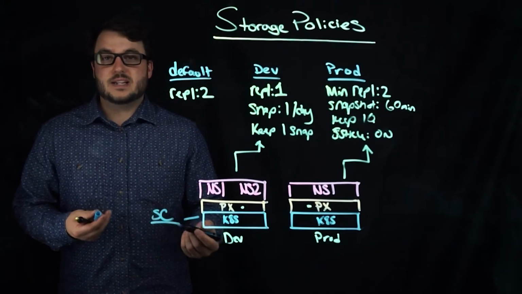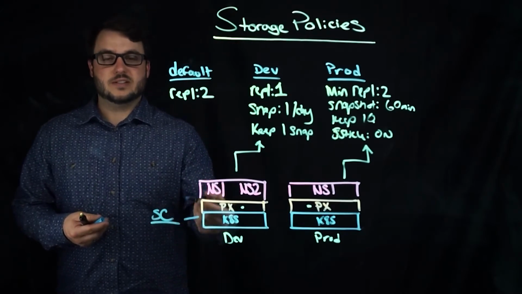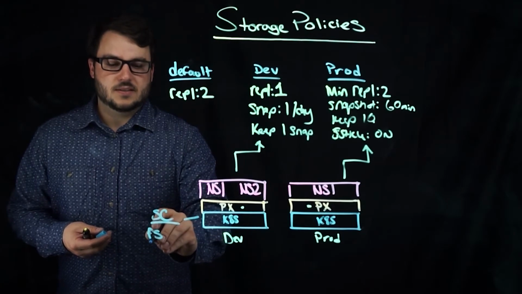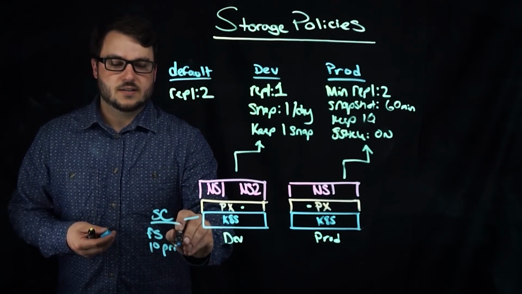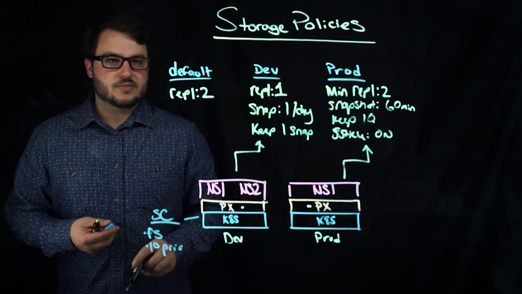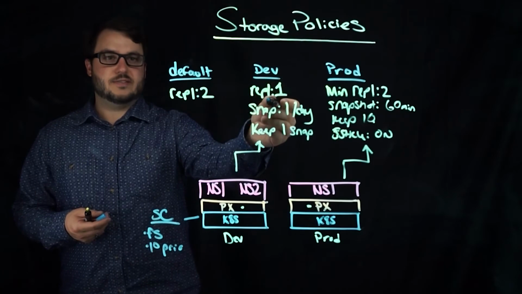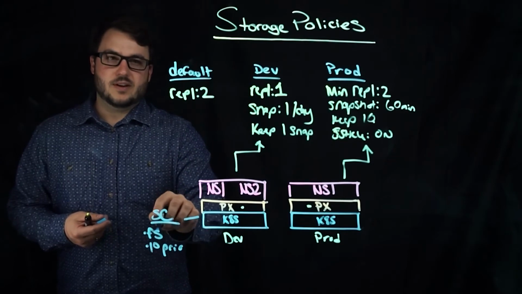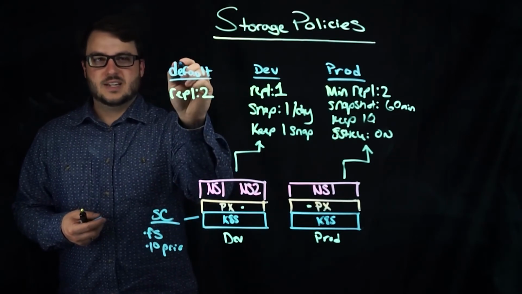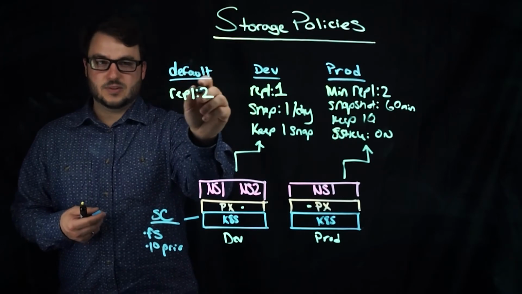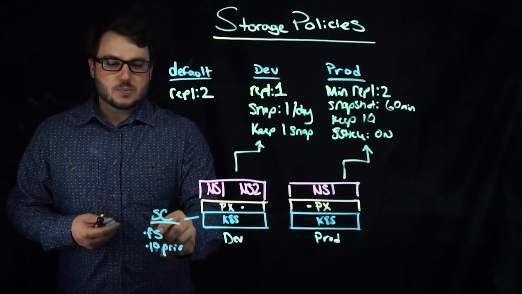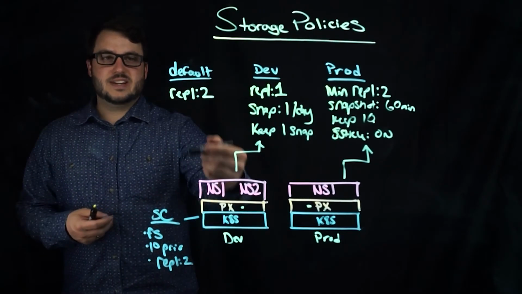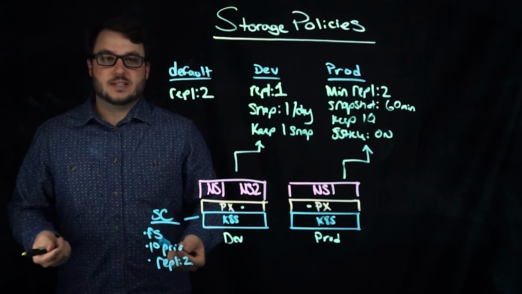And that storage class may define something like, hey, I want this storage class to use Portworx, and we could set the file system, the IO priority, and these are different from the things that we defined in our development or default storage policy. But if we use this one to create a volume, and Portworx has the default storage policy set to, say, default with replication level of 2, this will also get the attribute of repl 2, meaning that it inherits what should be used by default.